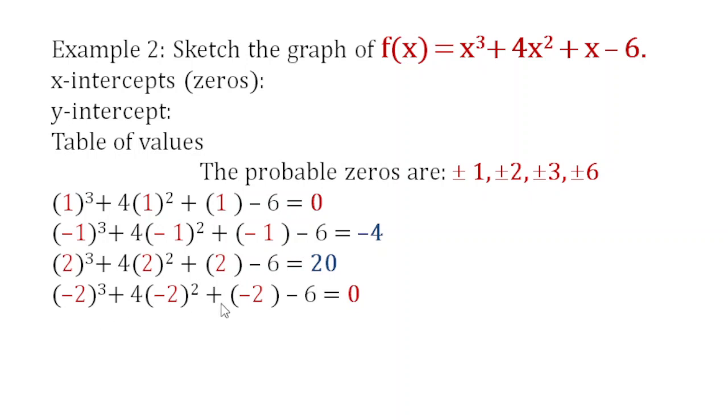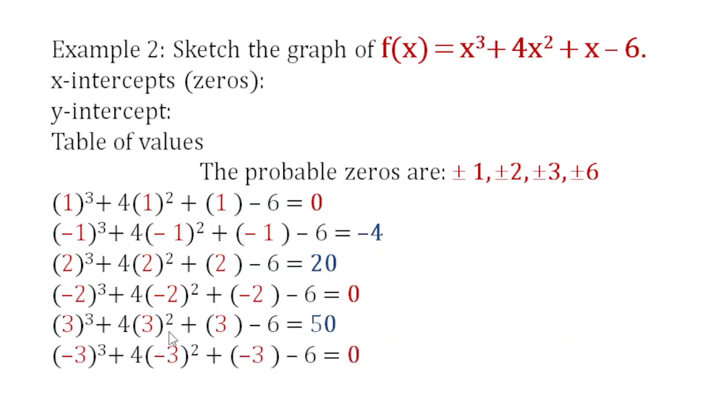If we try negative 2, the answer is 0, so it means negative 2 is another 0 of our function. Let's try 3. The answer is 50, it's not 0, so 3 is not a 0 of the function. Then if we try negative 3, it is equal to 0. So this means negative 3 is a 0 of the function.